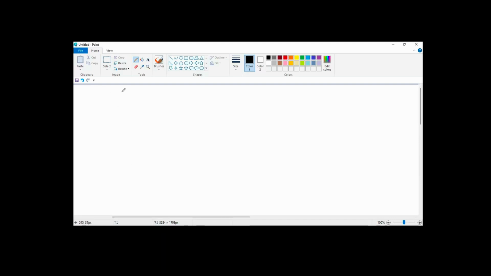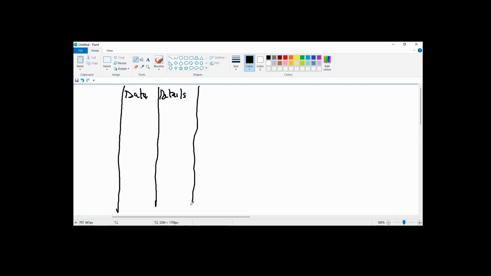What do I do in exam? I will now check the table. We have the date. After the date, we have details. After the details, we have number of shares. Total shares.